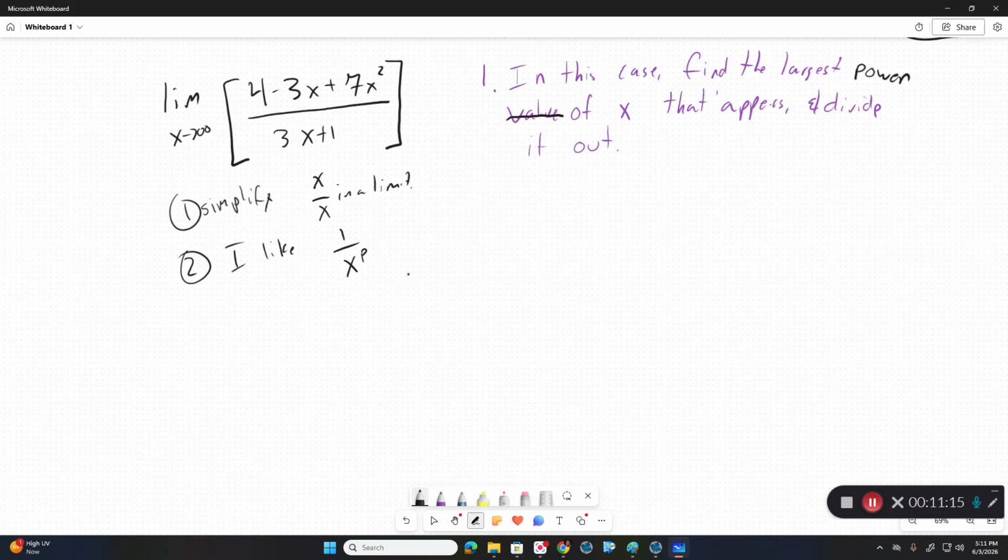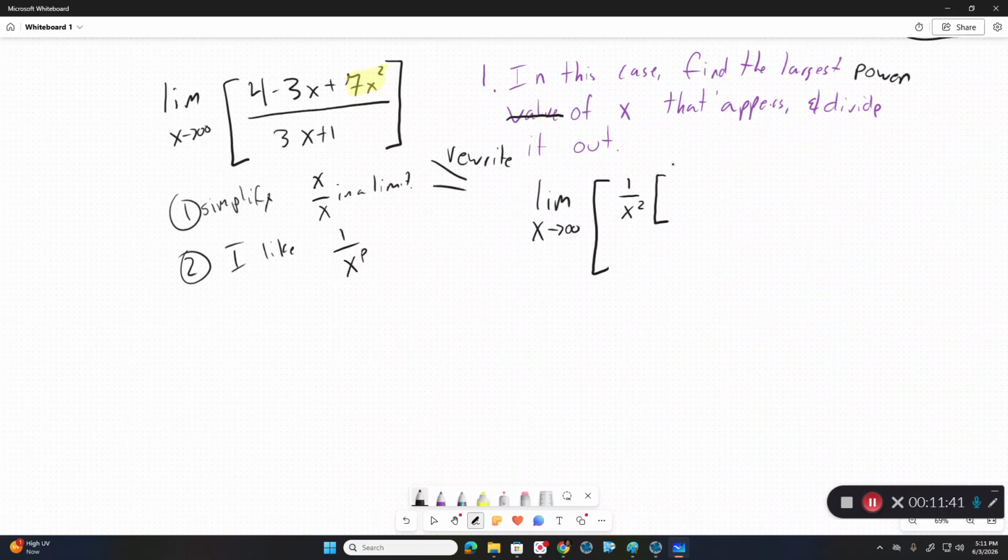And I think that happens right at this term right here. We have this x squared term. So, both top and bottom, I'm going to divide out. I'm just going to do a rewrite where I'm going to sort of undistribute that out. So I've taken away an x squared.